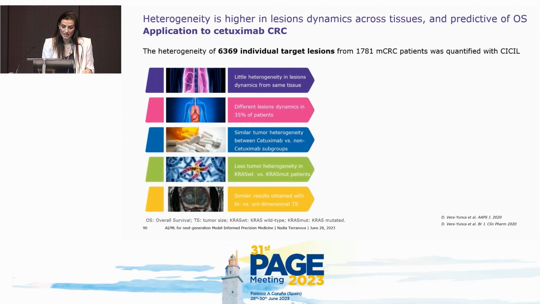This was successfully applied to several case studies, and here in particular, to work exploring more than 1,700 metastatic colorectal cancer patients, where more than 6,000 individual target lesions could be assessed. It was very interesting to see with CCIL that we had very little heterogeneity in dynamics when lesions belonged to the same tissue or organ.